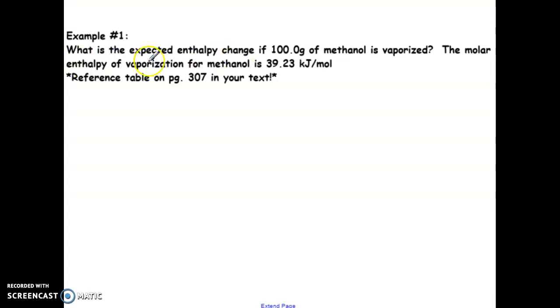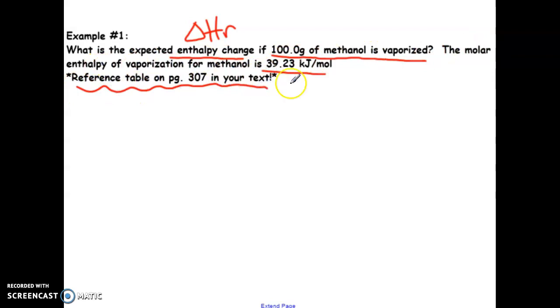Okay, so let's take a look here. What is the expected enthalpy change? So we're looking for delta HR. Notice they're not asking for the molar enthalpy change. They just want the enthalpy change. If we have 100.0 grams of methanol that's being vaporized, and it's telling us the molar enthalpy of vaporization for methanol is this. Let's say this last sentence wasn't here, you could possibly find this in your textbook as a reference number, but regardless, it's here, so we don't have to look that up.